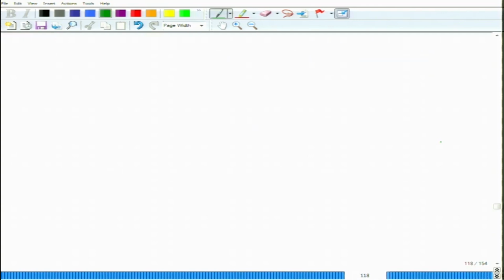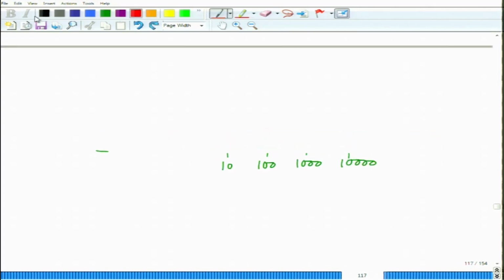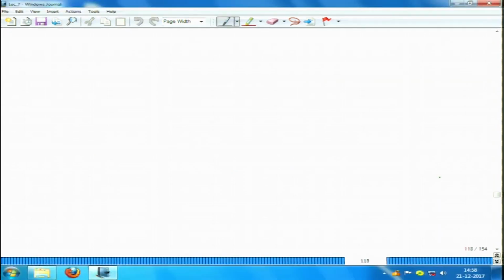Let us plot this on the log axis. So, this is 1, 10, 100, 1000. So, remember once again, on the Bode plot each unit represents a factor of 10.